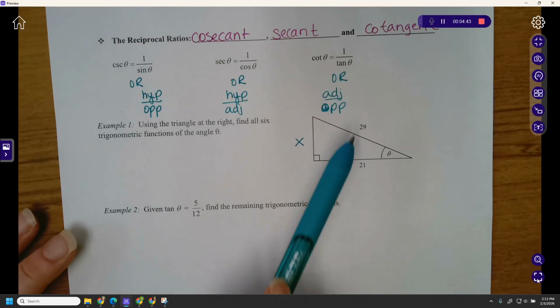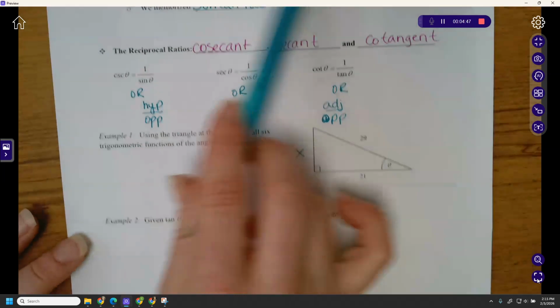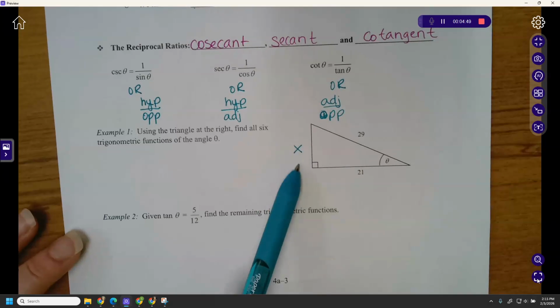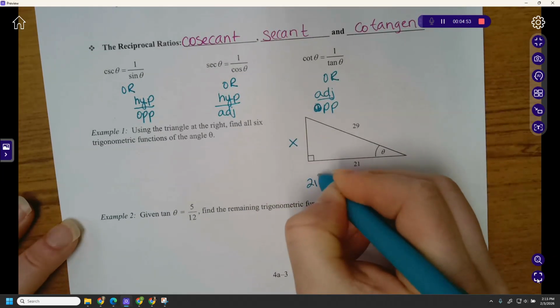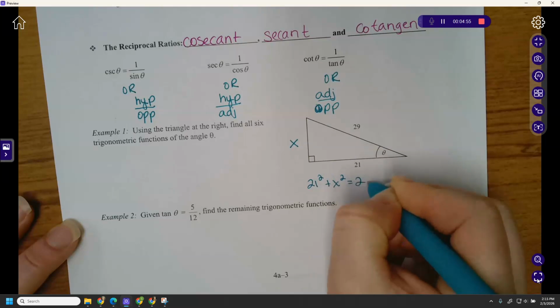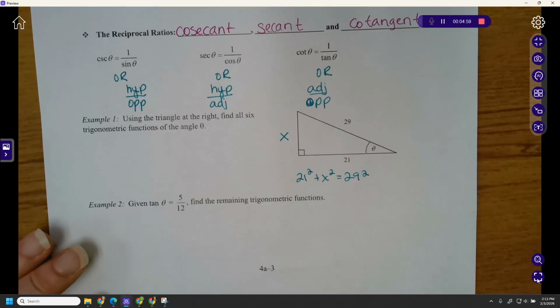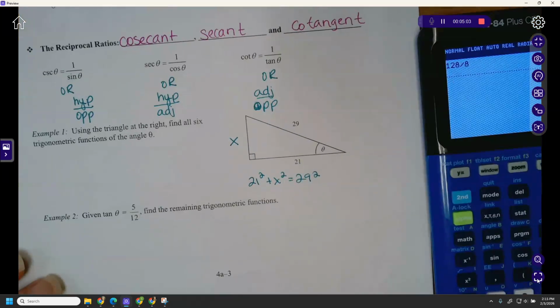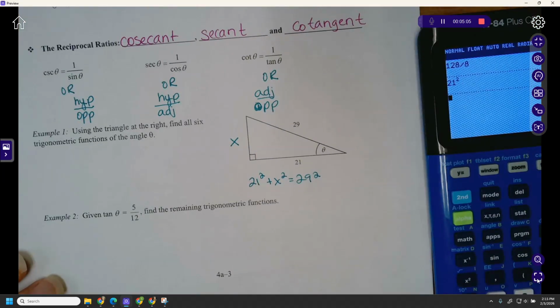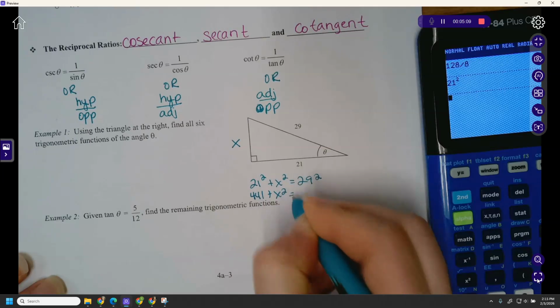Keegan, you were saying it's cosine. You're right, you do have the cosine. But if I wanted to find the other ones, I'd need the opposite piece. And so I'm going to do Pythagorean theorem. So 21 squared plus x squared equals 29 squared. We get 441 plus x squared. What's 29 squared?